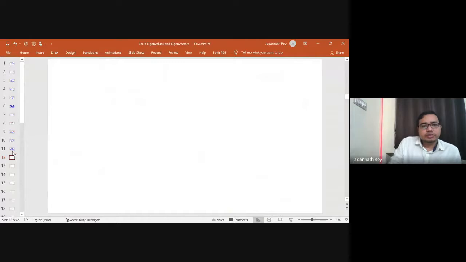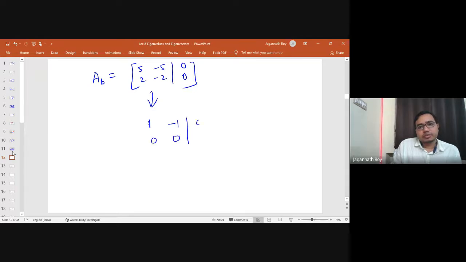So this augmented matrix, here it is 5 minus 5, 2 minus 2, 0, 0. If you reduce it by row operations, the system becomes 1 minus 1, 0, 0, and 0, 0.